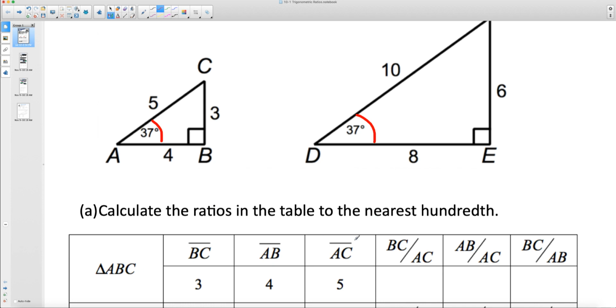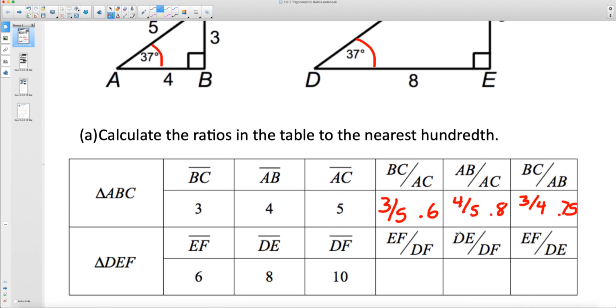So the length of BC is 3, AC is 5, so 3/5, or that's 0.6. AB over AC is 4/5, or 0.8. And BC over AB is 3/4, or 0.75.